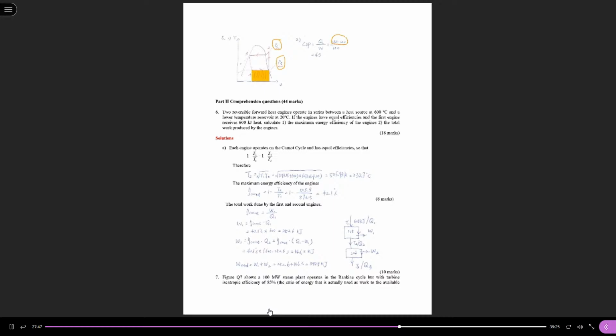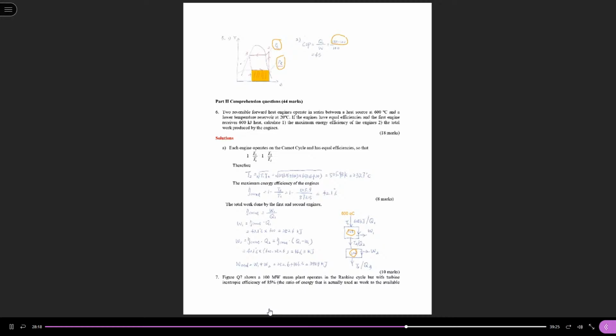Okay, in fact, let's look at the two heat engines. This is the first heat engine, the second heat engine. For the first heat engine, the temperature is 600 degrees.